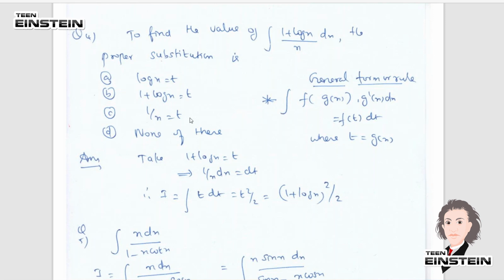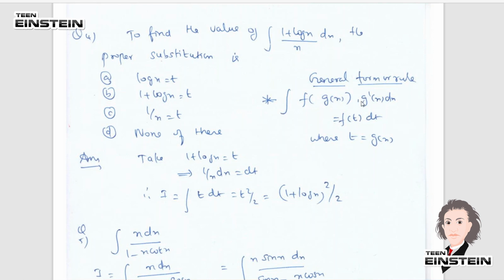That's what we have done in the previous work. This is the general rule in the substitution method. That's what I explained in the previous problem also. What is the general rule? Integral of a function of g of x, multiplied by g dash of x, the derivative of g of x, dx.